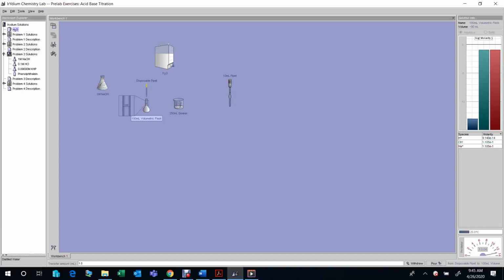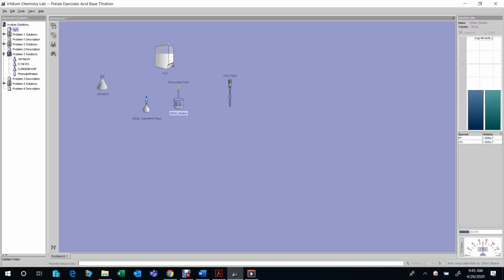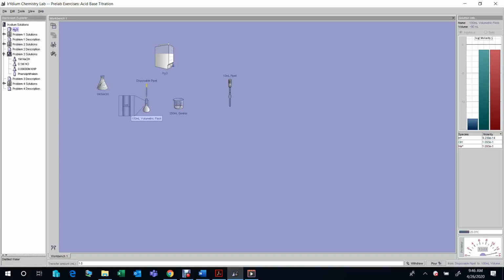See, the solution level still has not reached here. Then we just keep adding 1 milliliter. Pour. And 1.0.